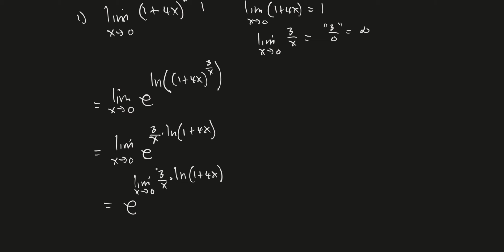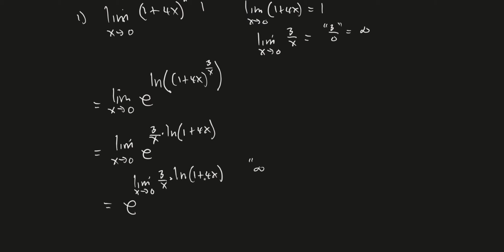Now if I look at this product, right, so I've changed it from this kind of exponential form to now a product form, and this factor, the 3 over x, approaches infinity as x gets very, very small. And then as x gets very, very small, the other function now, the ln of 1 plus 4x, that approaches 0, right?